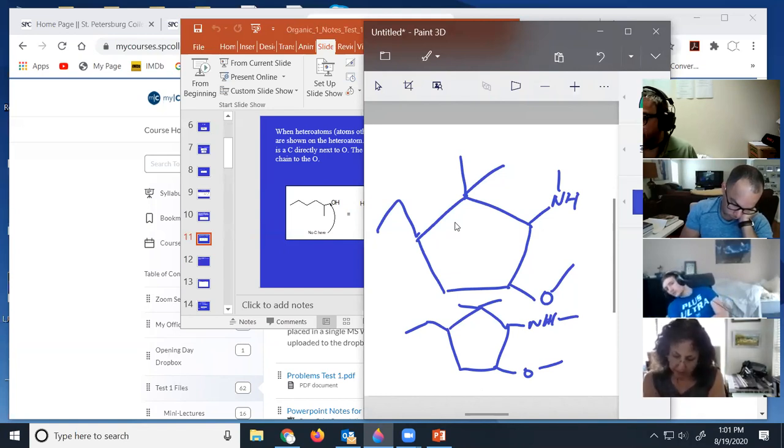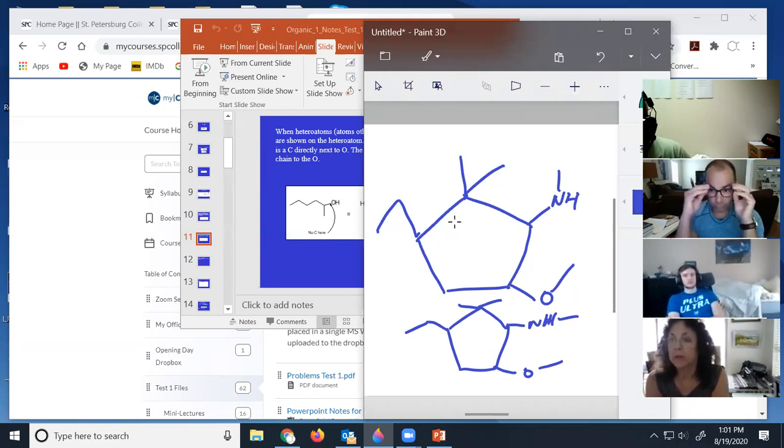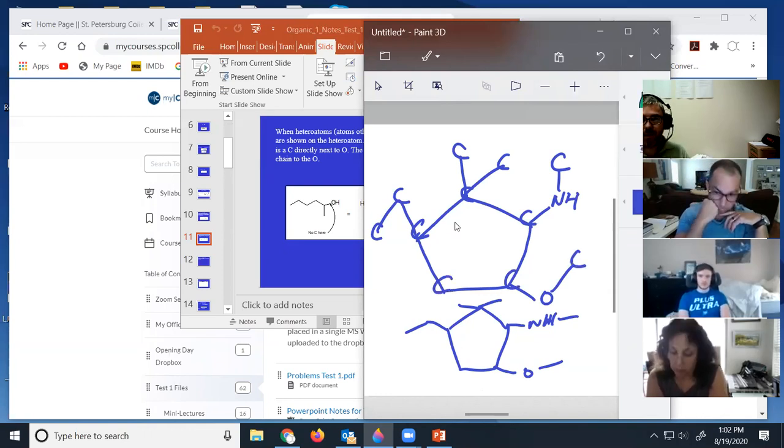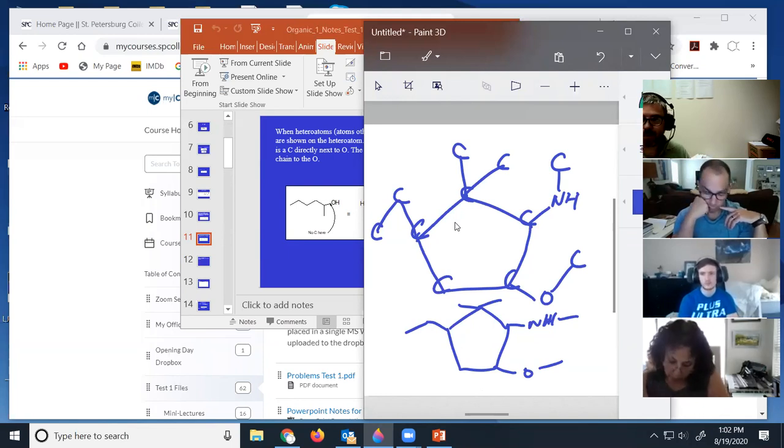But I'll put the Cs on the bigger one here. Okay, so here's how it goes. There's a C here, a C here, a C here, C here, C here, C here, C here, C here, C here, and C here, and a C here. All right, is everybody okay with where the Cs are? Okay. Yes.